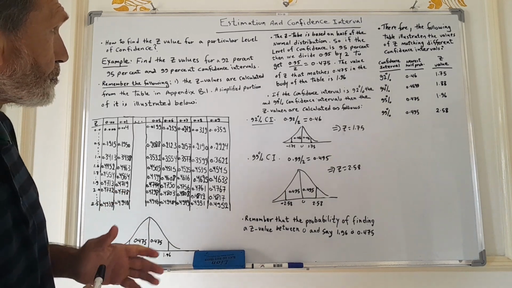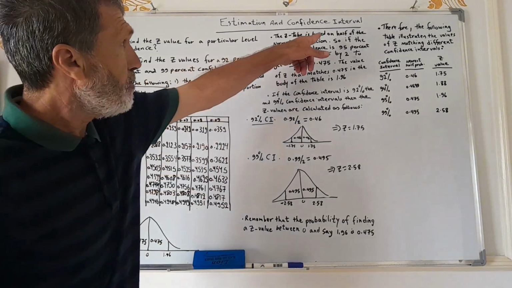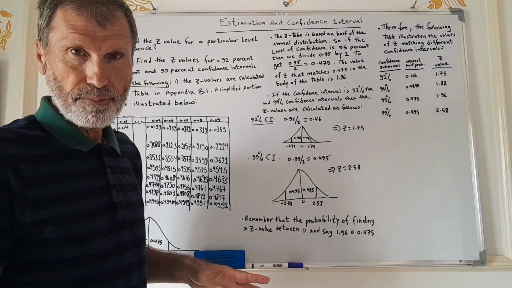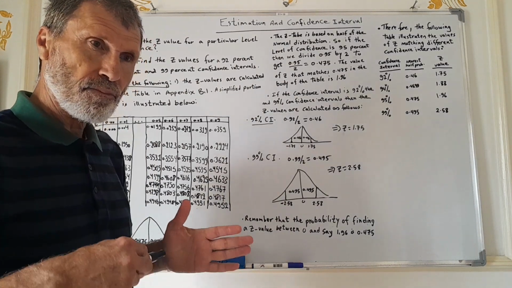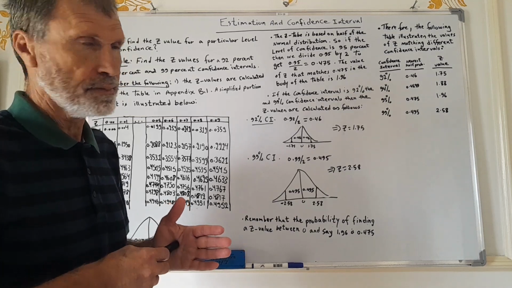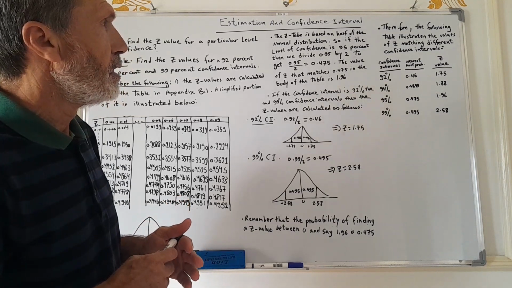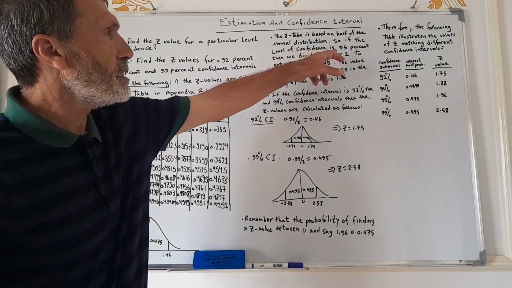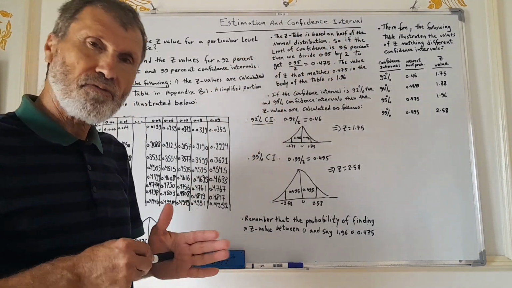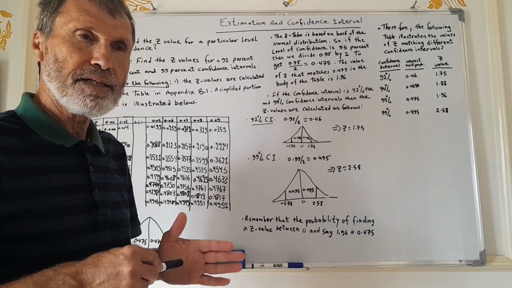Now, the z-table is based on half of the normal distribution. So if the level of confidence is 95%, how are we going to find the z-value?